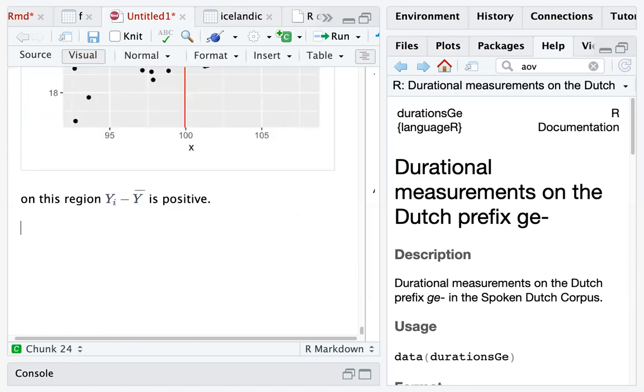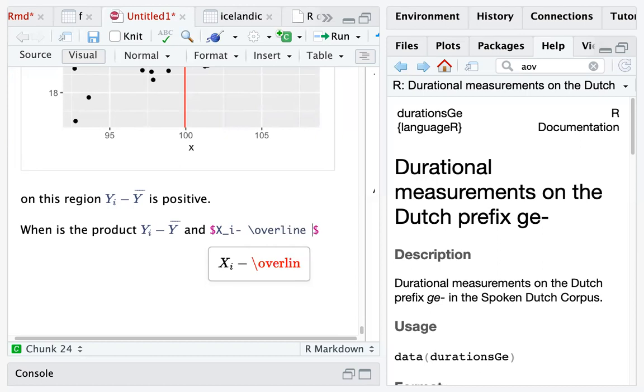The question is, when is the product yi minus y bar and xi minus x bar positive?